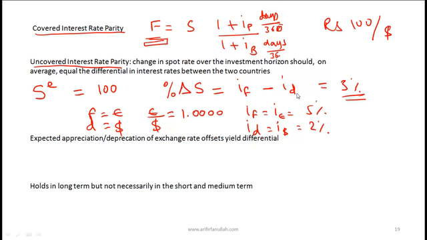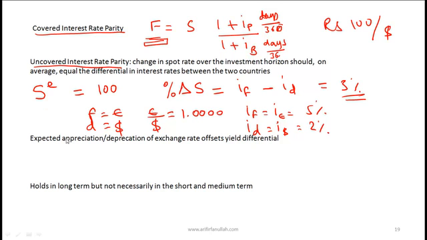And if you recall, this is consistent with what we saw earlier with covered interest rate parity, where we said that the currency with the higher interest rate will lose value, and the currency with the lower interest rate strengthens.